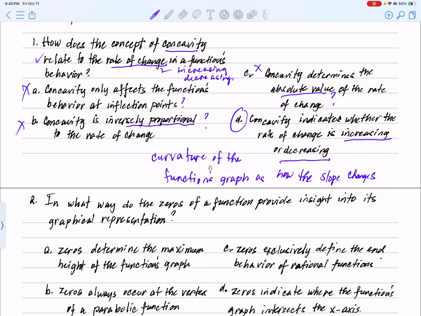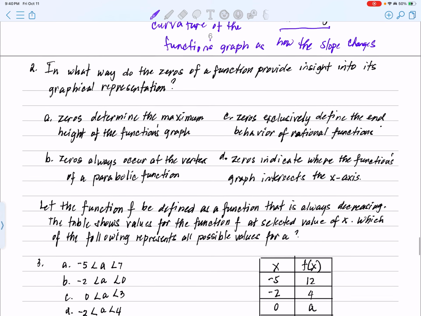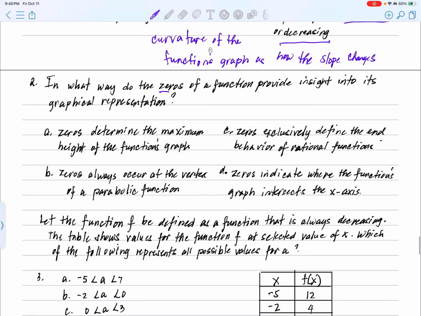Let's have question number 2. In what way do the zeros, so I will underline the zeros, of the function provide insight into a graphical representation? So you might think, oh, what do zeros represent? I would just write it. If you are in the test, write it.